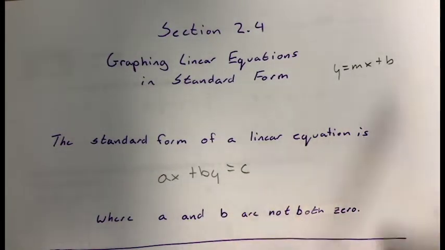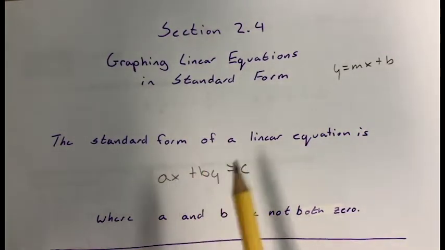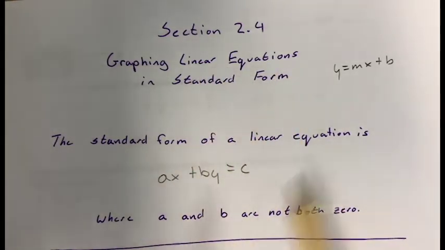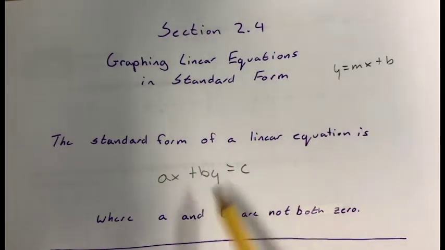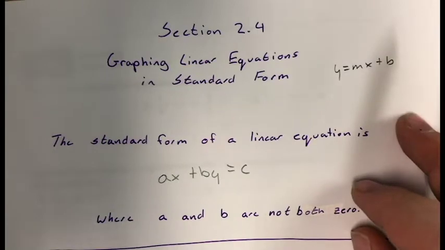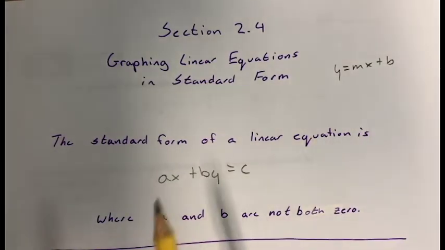These are both types of linear equations, and they are the exact equation but rewritten in different forms. Slope-intercept, standard form. Now, the thing about standard form is A and B are not both 0 at the same time. Just a little caveat in there, no big deal right now, but let's just move on.